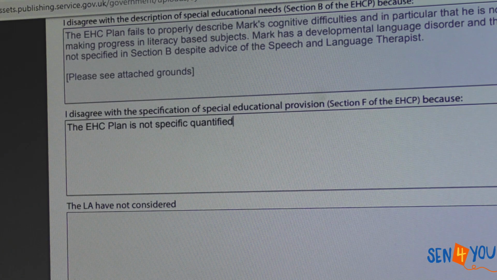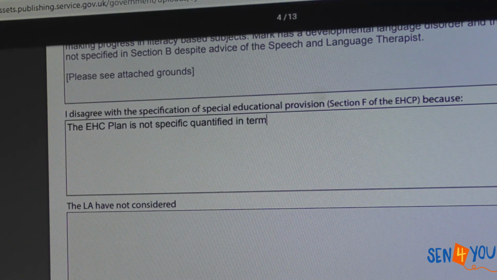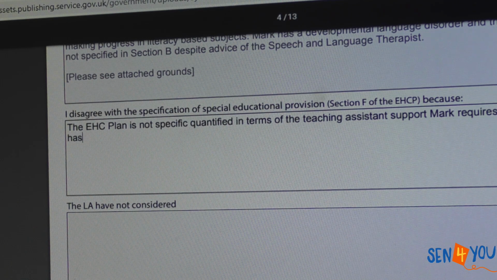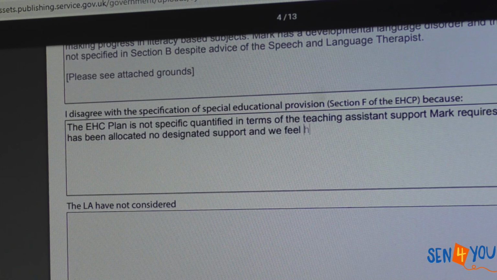So in this instance, the EHC plan is not quantified in terms of the teaching assistant support Mark requires, he has been allocated no designated support, and we feel he needs 32.5 hours of adult support.